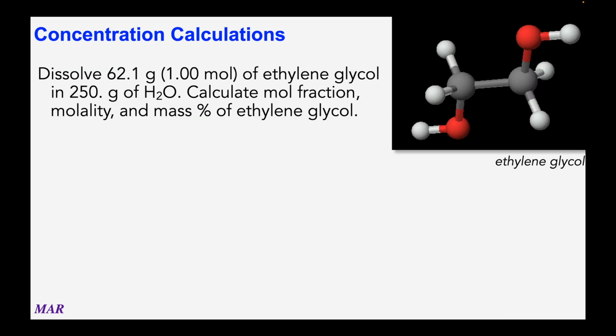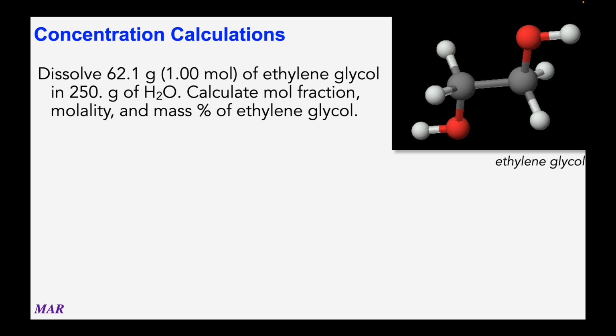So let's assume we have 62.1 grams of ethylene glycol, and 62.1 grams is the same as the molar mass of ethylene glycol. So 62.1 grams divided by 62.1 grams per mole gives you exactly 1.00 moles. So 62.1 grams or 1.00 mole of ethylene glycol is placed in 250 grams of water.